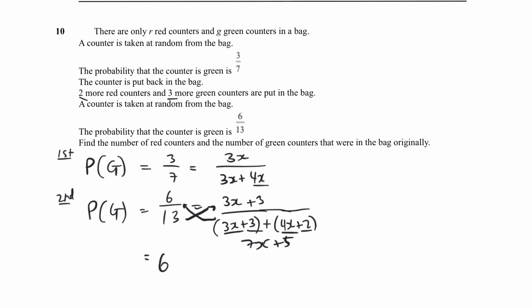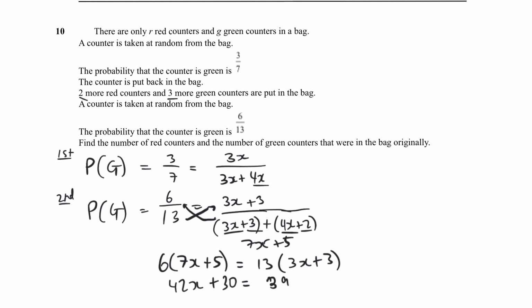So that's going to be 6 times 7x plus 5, and the other one is going to be equal to 13 times 3x plus 3. The reason we've done that is because now we've gotten rid of the denominators, so we're no longer dealing with fractions. With this nicer algebraic layout, the first thing we are going to do is expand the brackets. That would leave us with 42x plus 30 is equal to 39x plus 39.